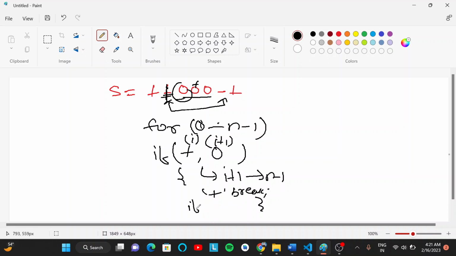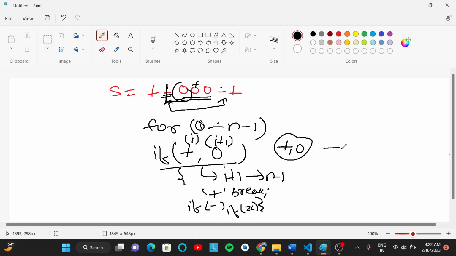But if we get a negative charge after this plus and 0, like in this case, we will check the 0 count, that is ZC. So this is the basic implementation of the code, and I have explained it for the plus and 0 pair.